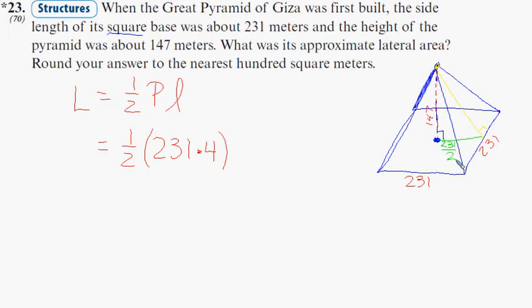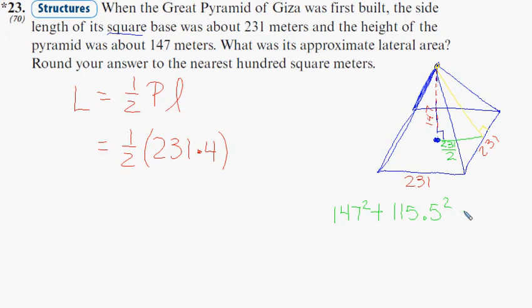So I'm going to set it up like this to find this yellow line. I'm going to say 147 squared. Okay, that's my first leg. My other leg is 115.5 squared. Okay, where did I get that? I got that from dividing the 231 over 2.